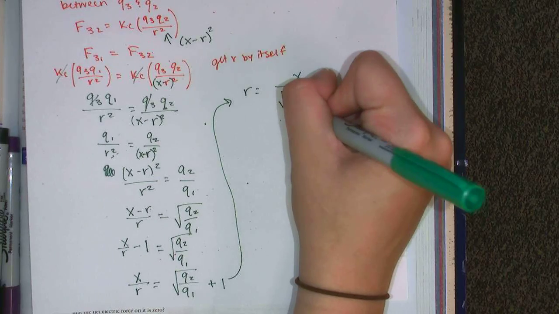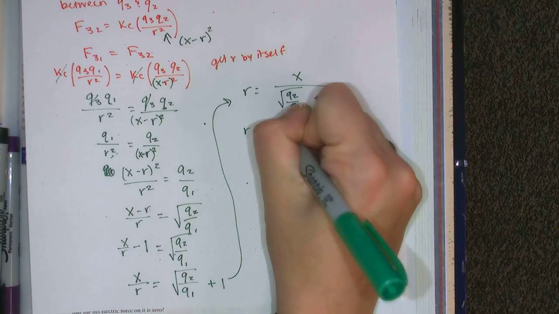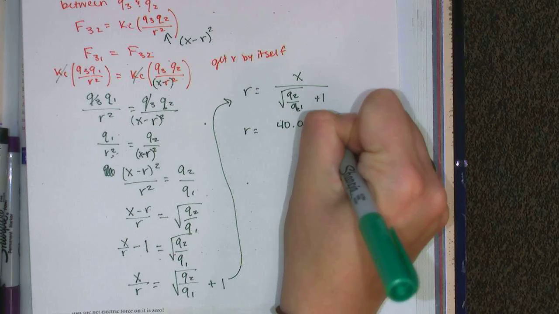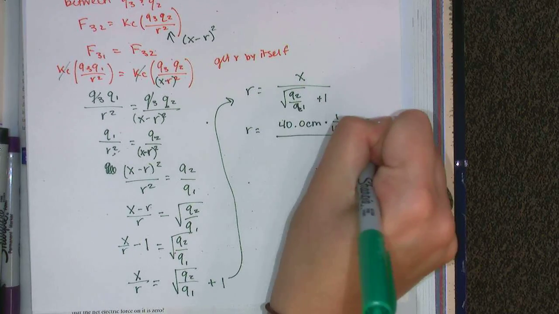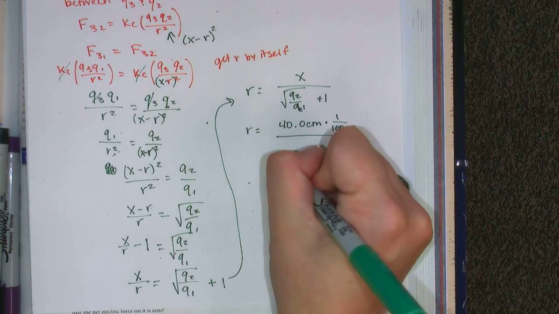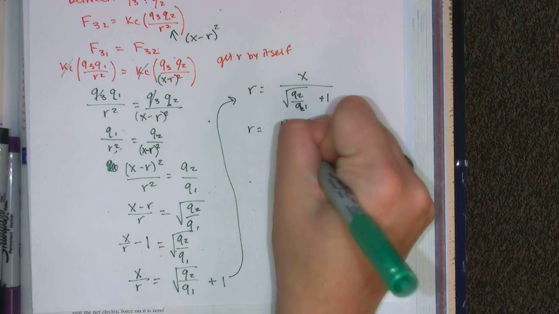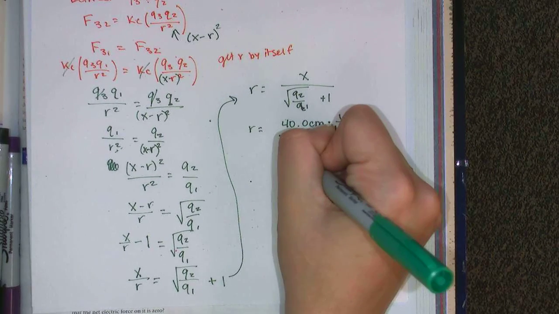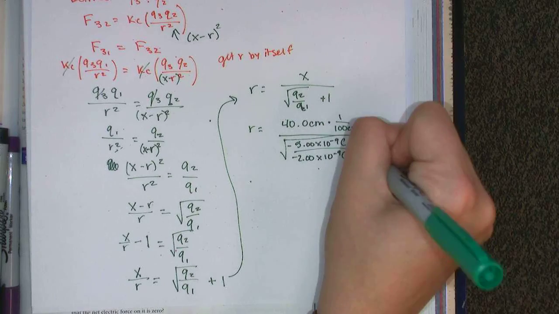Now my Q's look like A's. So then R is equal to 40.0 centimeters times 1 over 100 centimeters. I want to convert it into meters. All over the square root of minus 5.00 times 10 to the negative 9th coulombs over minus 2.00 times 10 to the negative 9th coulombs, and then plus 1.